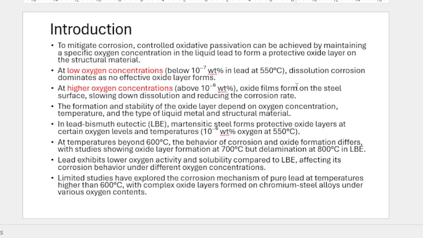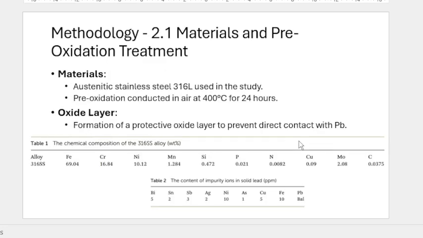Pure lead exhibits lower oxygen activity and solubility in comparison to LBE, affecting its corrosion behavior under different oxygen concentration. Limited studies have explored the corrosion mechanism of pure lead at temperatures higher than 600 degrees C, with complex oxide layers formed on chromium steel alloys under various oxygen content.